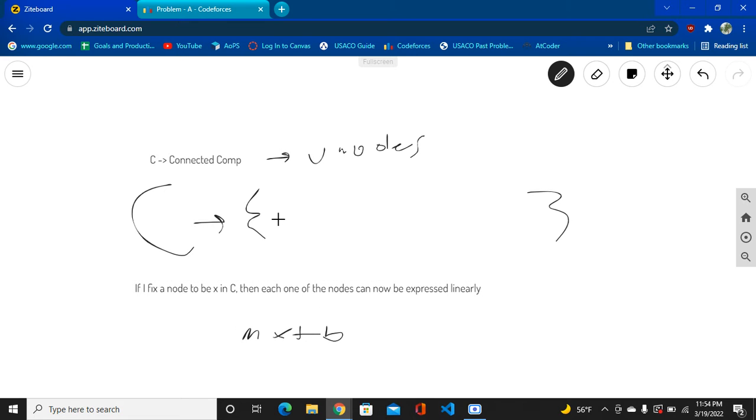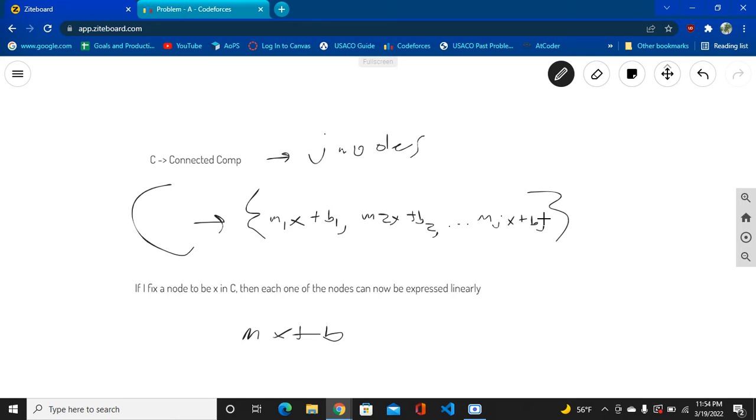So basically I'm going to have m1 x plus b1, m2 x plus b2, all the way to the jth node in this connected component, because we claimed there were j nodes to begin with. So all the way to mj x plus bj.